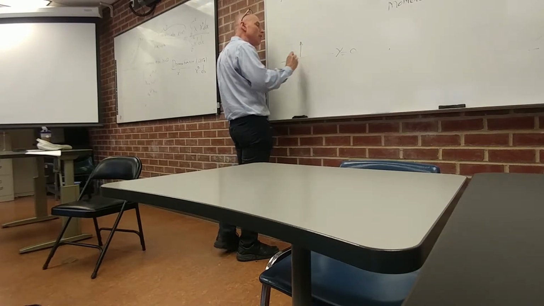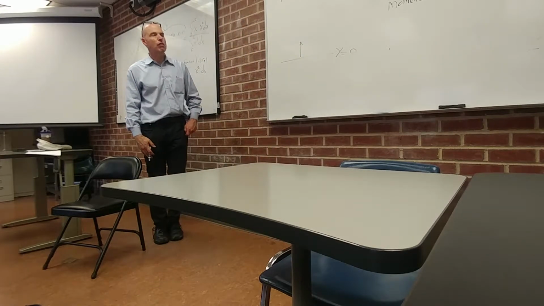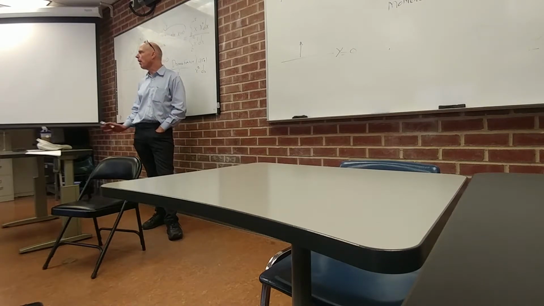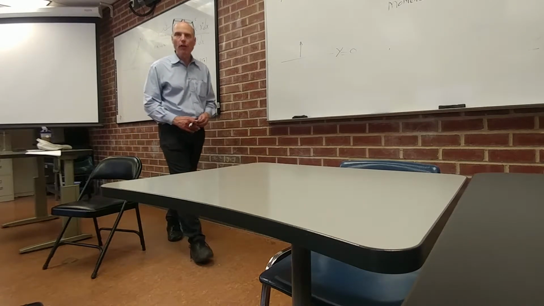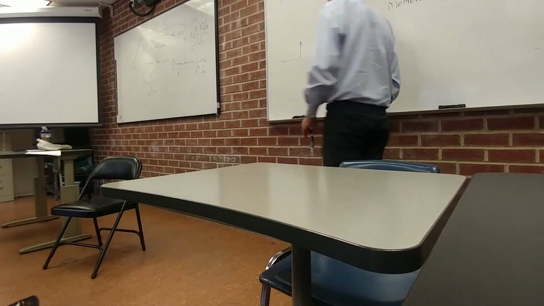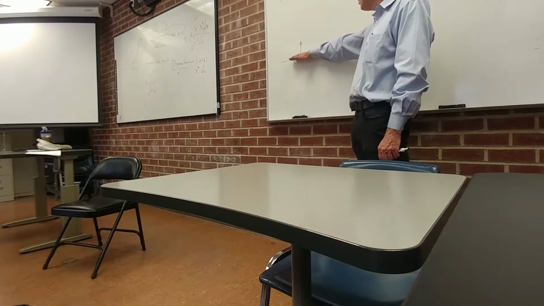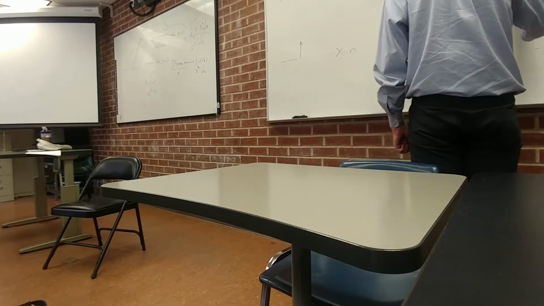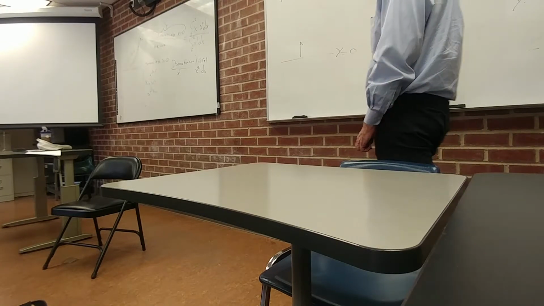So first of all, I need the distance from y equals 0. And that is a vertical distance. Vertical distances are measured by y. And specifically, what y measures is the vertical distance from the x-axis. So when I have distance from y equals 0, that's just y.